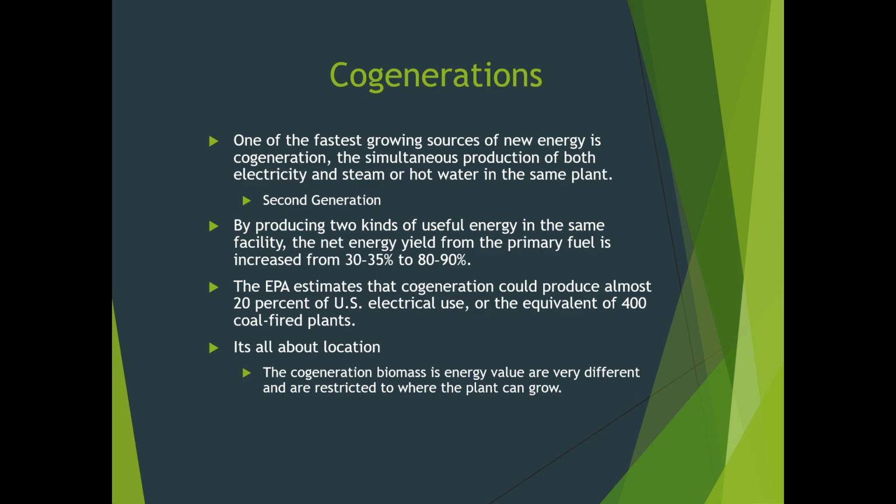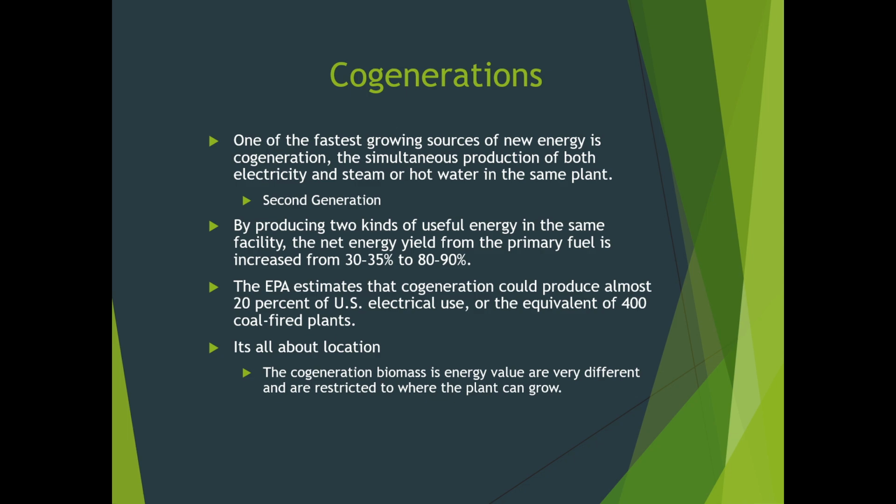By producing two kinds of useful energy in the same facility, the net energy yield from a primary fuel source is increased from about 35% to about 80%. So you're getting more and more. A lot of the secondary waste, the corn stalks, is offsetting some of that waste. So you get a better efficiency.